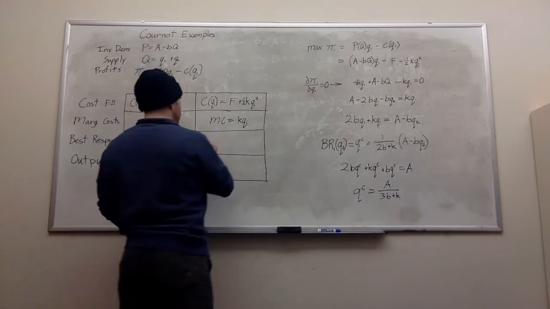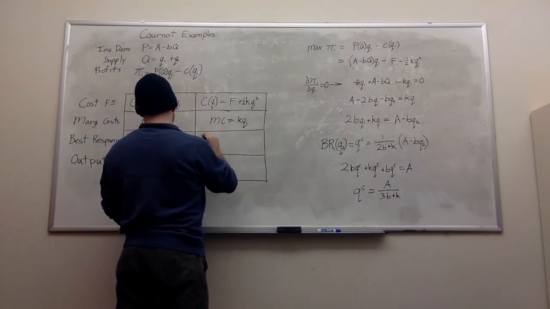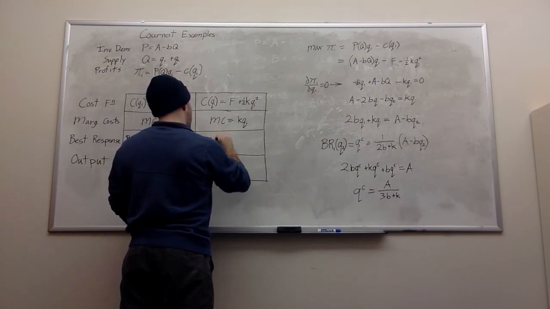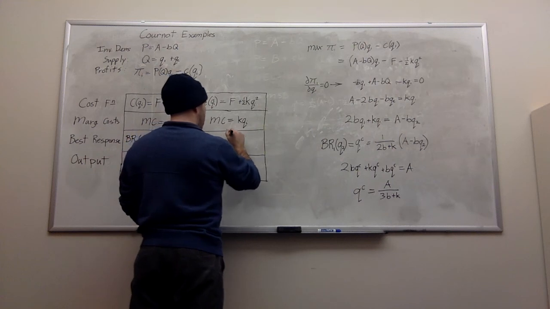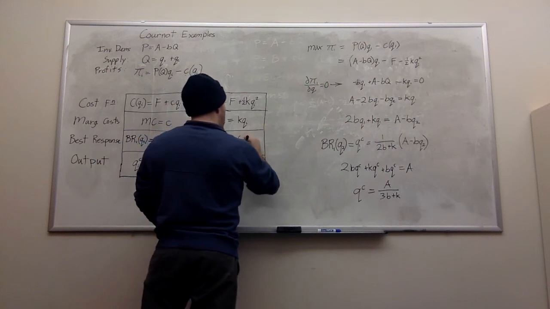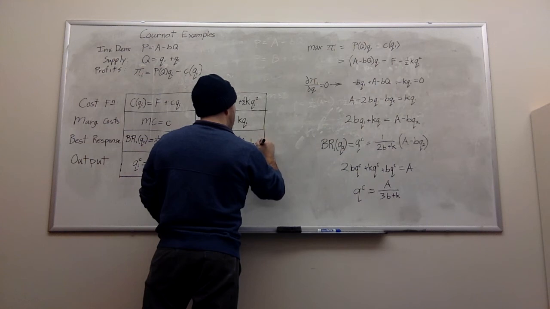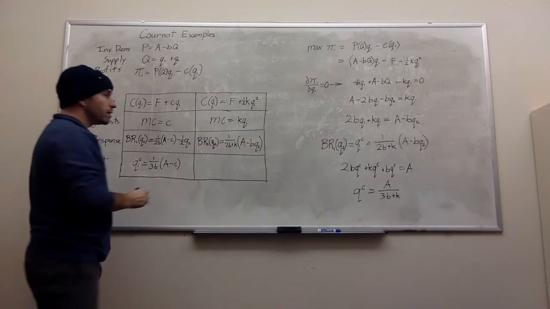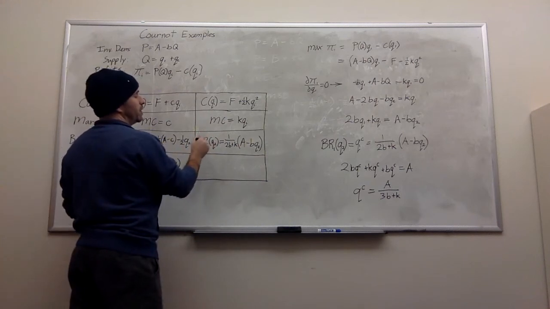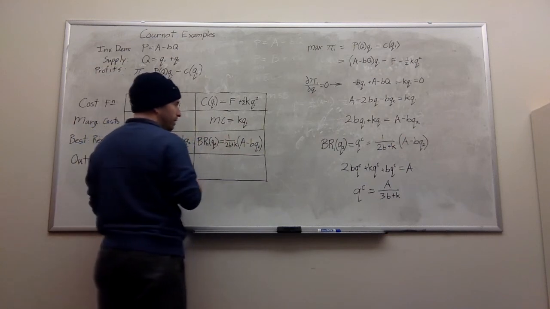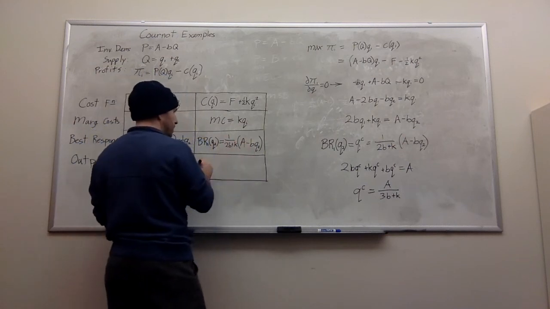So our best response function in this case is, the best response for firm 1 is to choose a Q that is equal to 1 over 2b plus k times a minus bq2.